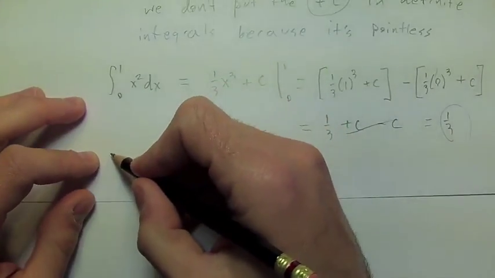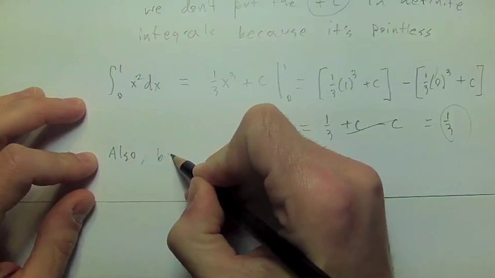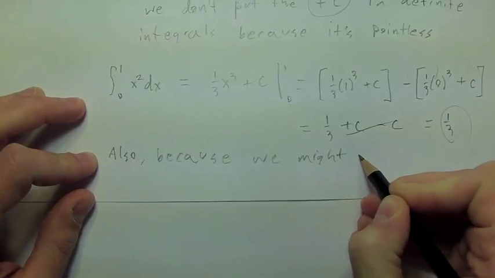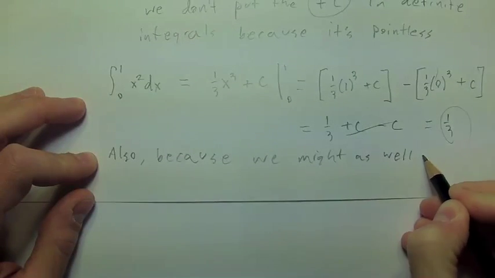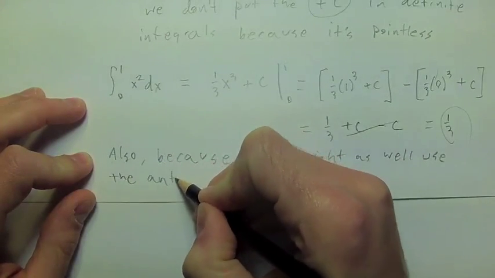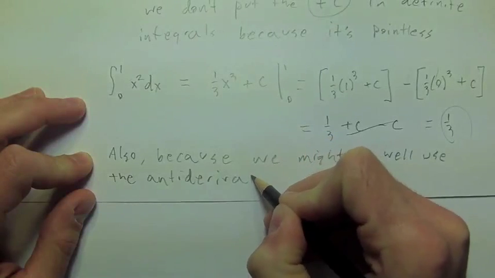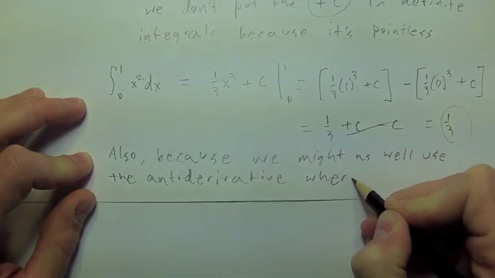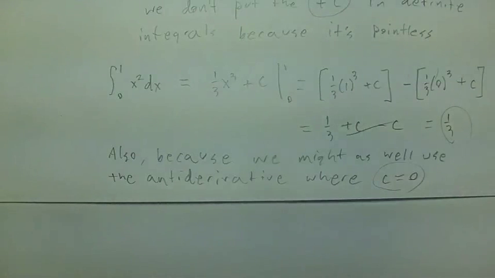Okay, so also, because we might as well use the antiderivative where c equals 0. Since we can use any antiderivative, we might as well use the easiest one there is, where c is 0. Okay. All right, let's start looking at some more examples.